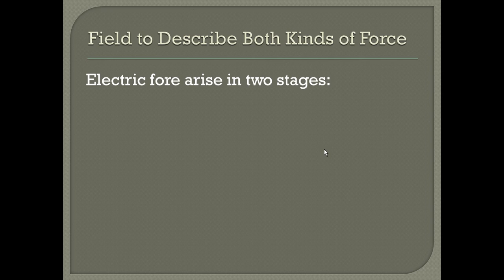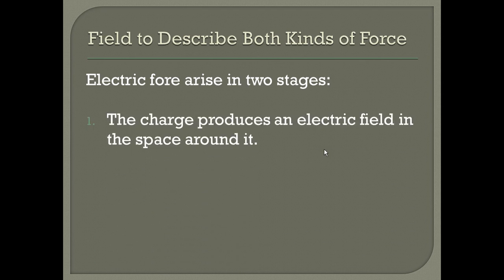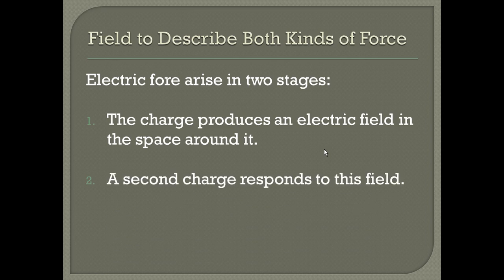Okay, so the electric field arises in two stages. The charge produces an electric field in the space around it. The second stage is that the charge within the presence of the electric field responds to this field.